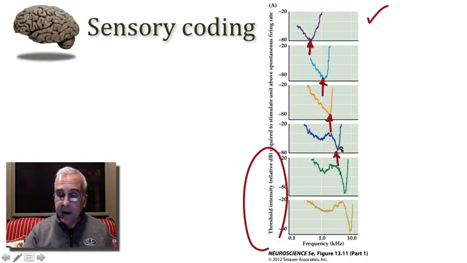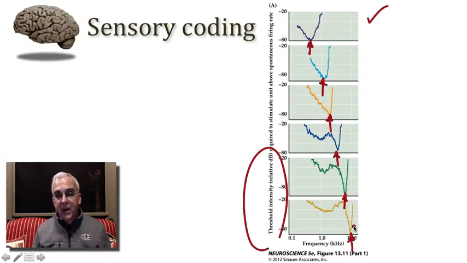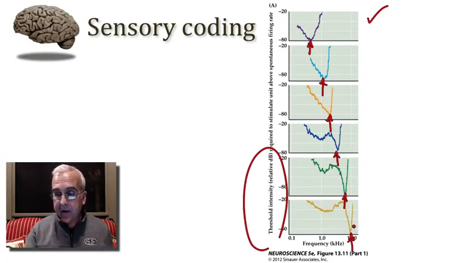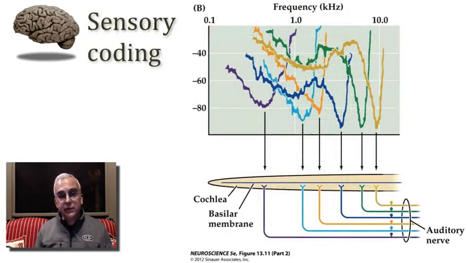So here we have examples from 6 different axons recorded in an auditory nerve, and they all have a different best frequency. And this figure is illustrated in a way that is meant to organize these best frequencies across that tonotopic map that we find established in the basilar membrane.